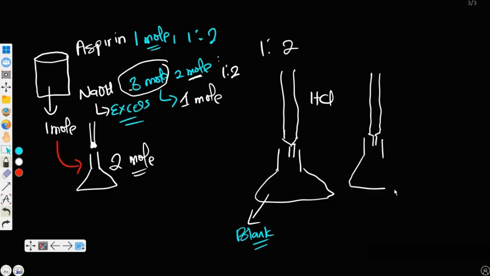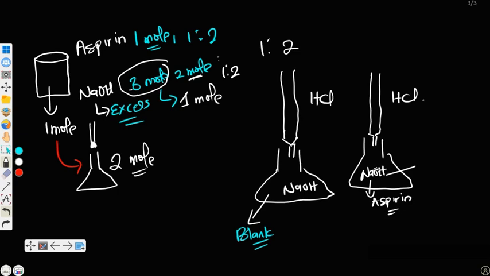The main titration will be this one here. You use HCl. Then this one here, blank, only sodium hydroxide is present here without what? Aspirin. Now, the second practical, you have sodium hydroxide plus what? Aspirin. Are you getting it?